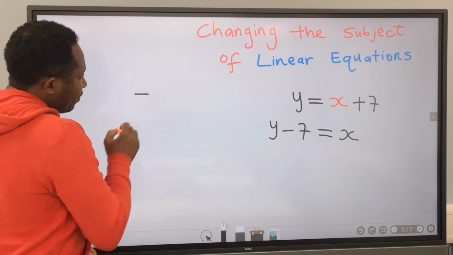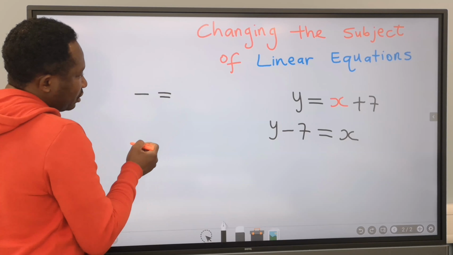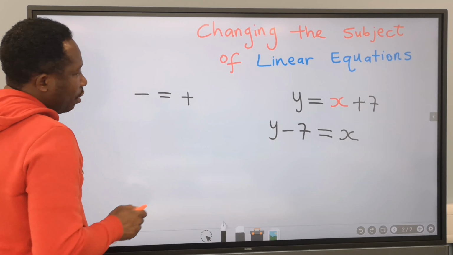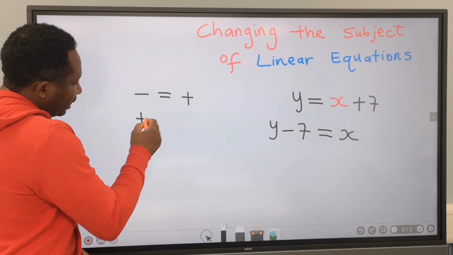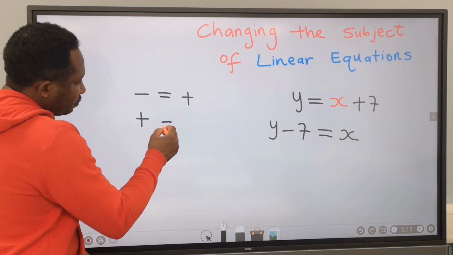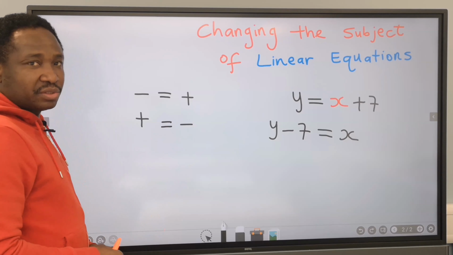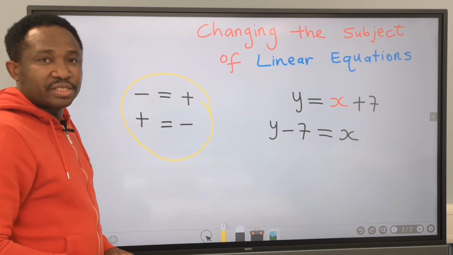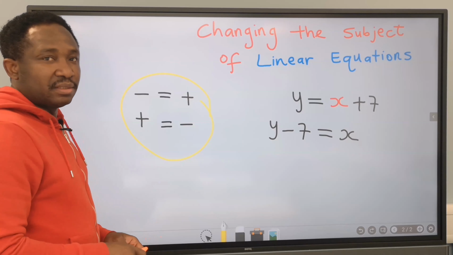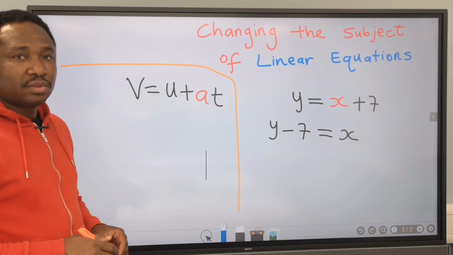When a variable having a negative moves across the equal sign, it will become plus. And if the variable is having plus and it moves across the equal sign, it will become a minus. This is a very important concept to always remember when solving linear equations.